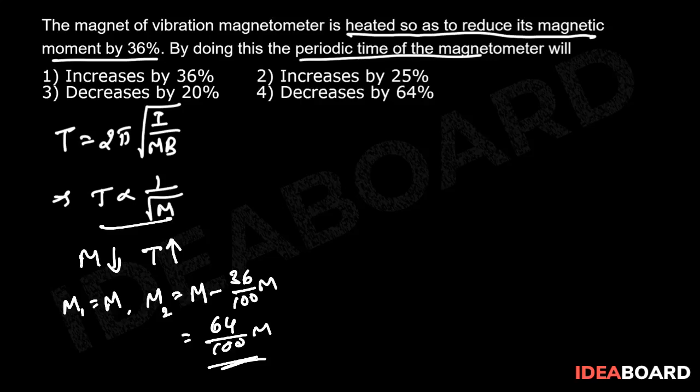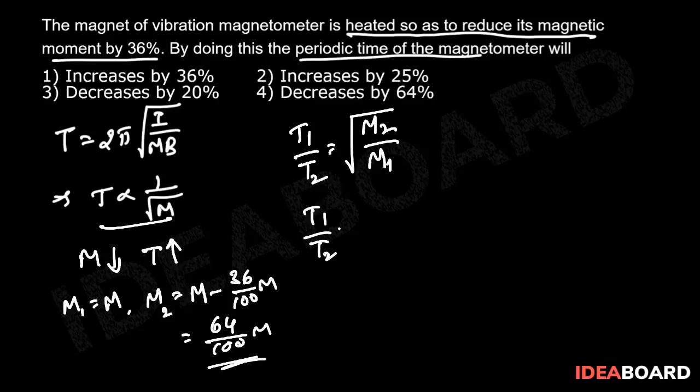So from this formula we can write T1 by T2 is equal to root over m2 by m1. From this, T1 by T2 is equal to root over m2, that is 64 by 100 m1, that is m by m.